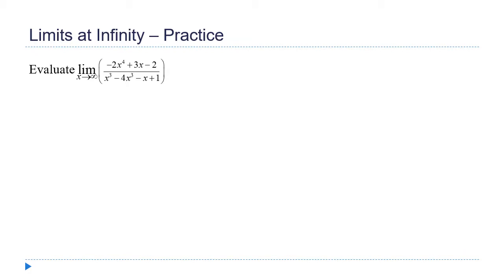Okay, so let's see. I'm going to divide the numerator and denominator by x to the 4th. And the rule here, the pattern here, I'm dividing by x to the biggest exponent in the entire expression, whatever that is. All right, so the numerator becomes the limit as x approaches infinity of minus 2x to the 4th over x to the 4th plus 3x to the 3rd over x to the 4th minus 2 over x to the 4th.